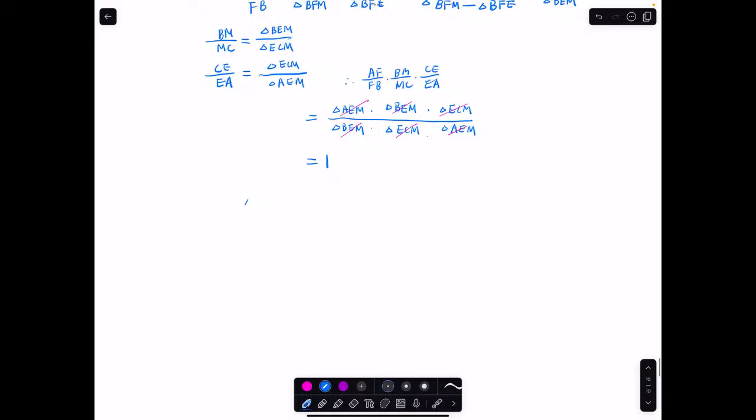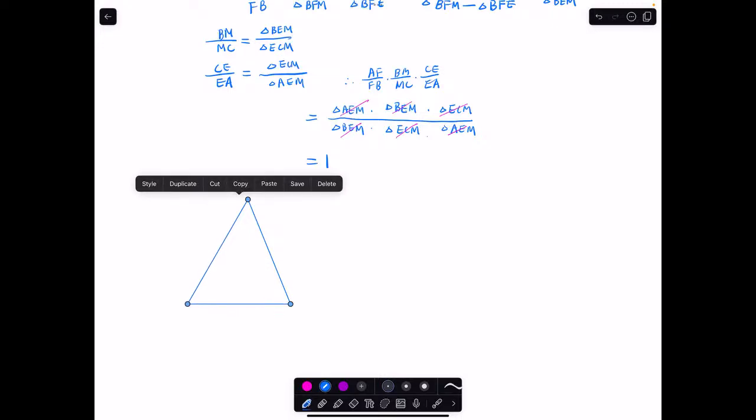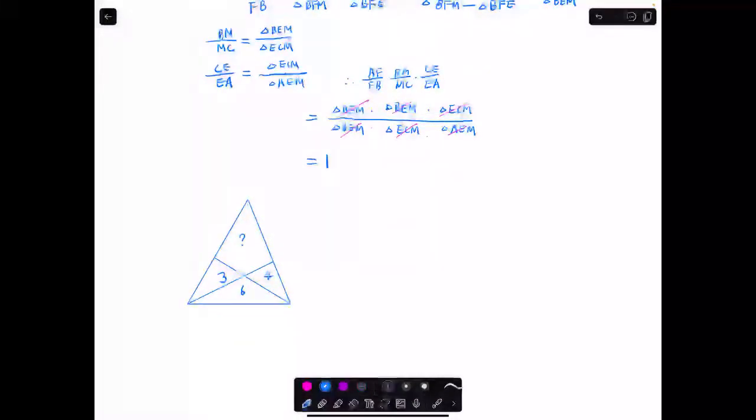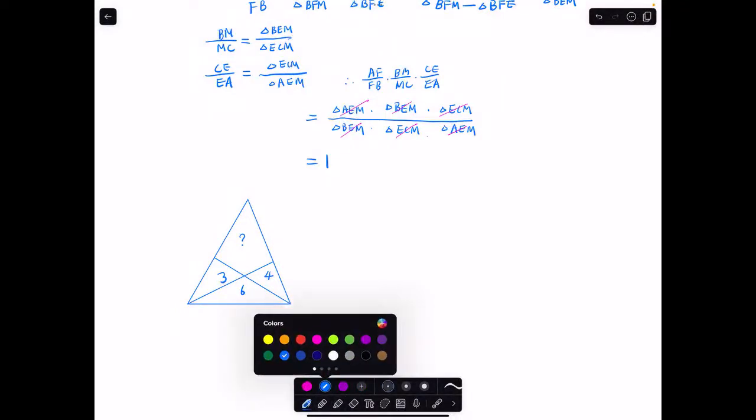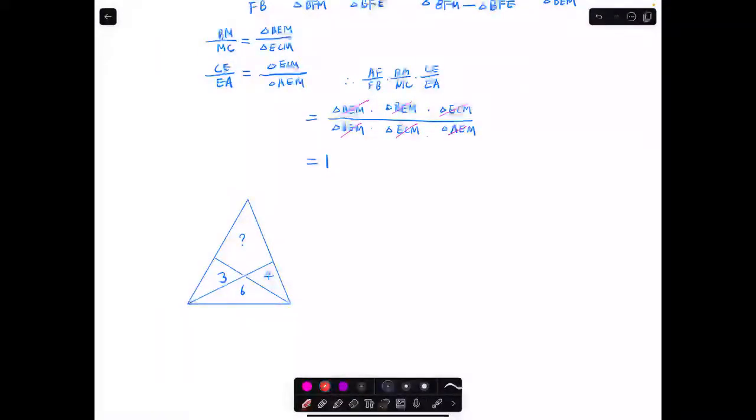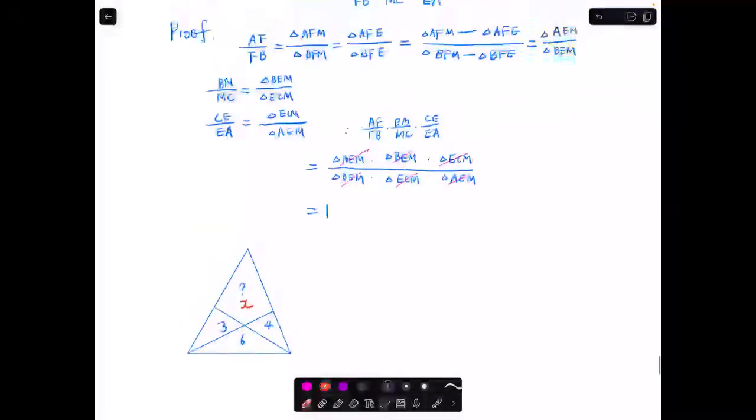We have this triangle here, and we have 3, we have 4, we have 6, and we don't know what this part is. Let's call it X right there. So let's assume the area is X. Okay, so we'll try to find X.